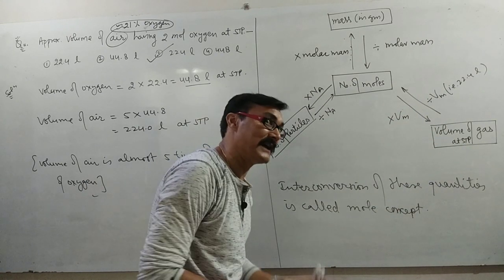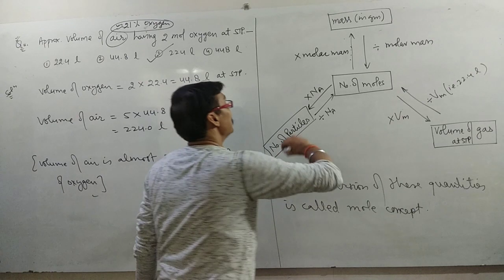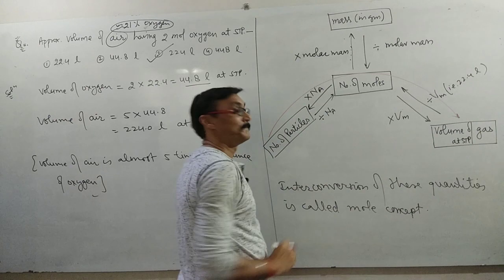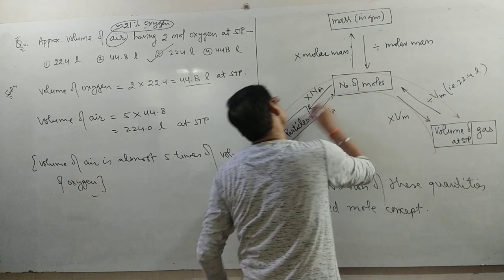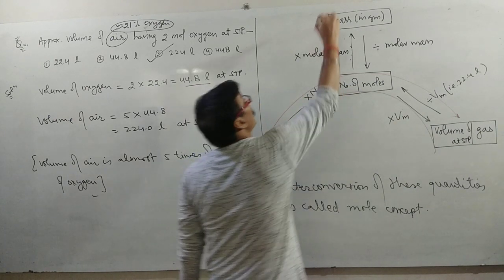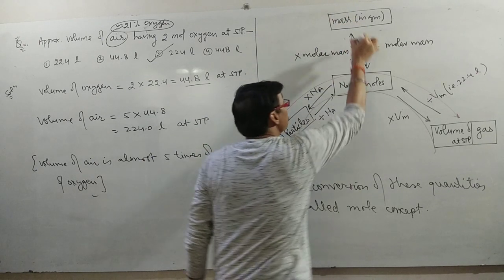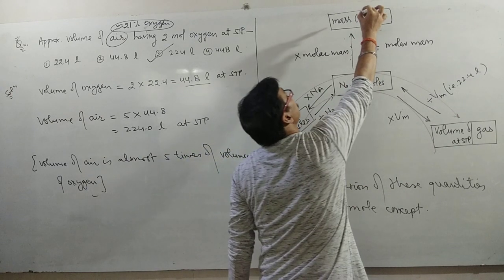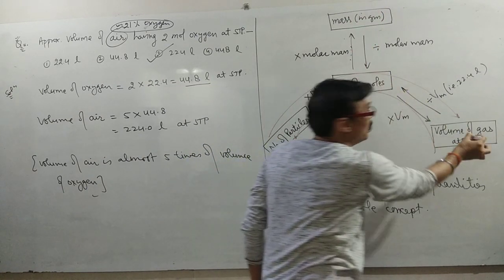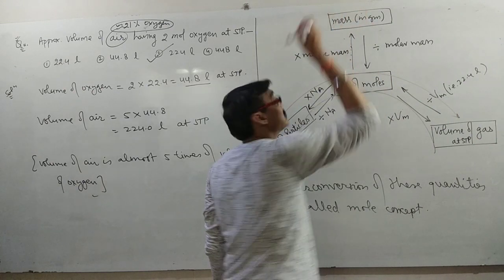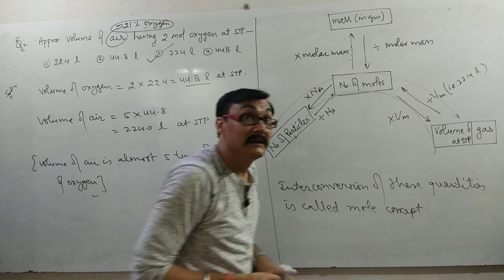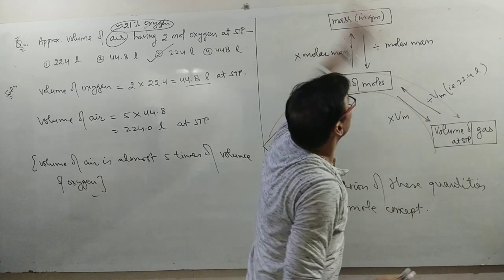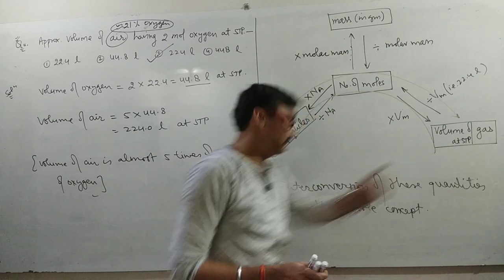That is the simple concept for such questions. You have to follow the track: mass to moles to particles, or particles, moles, mass, or mass, moles, volume, or volume, moles, mass. Is that clear, guys? You should not try to find volume from mass directly.